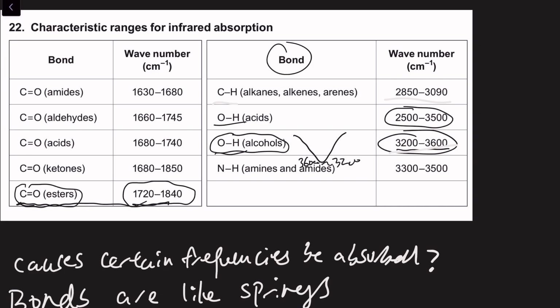So the OH for acids, you can see it absorbs a very broad wave number, from 2500 to 3500. Whereas for alcohols, it absorbs a very narrow range of wave number. It's only from 3200 to 3600.